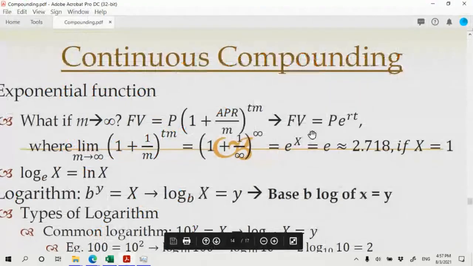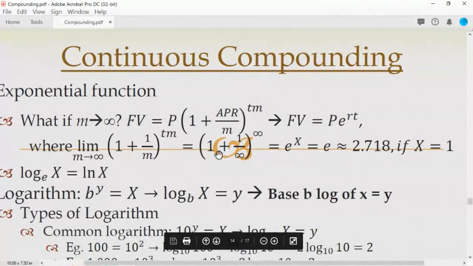If you raise 1 plus 1 over infinity to infinity, and this number is just slightly greater than 1, infinitesimally greater than 1, you raise it to infinity.